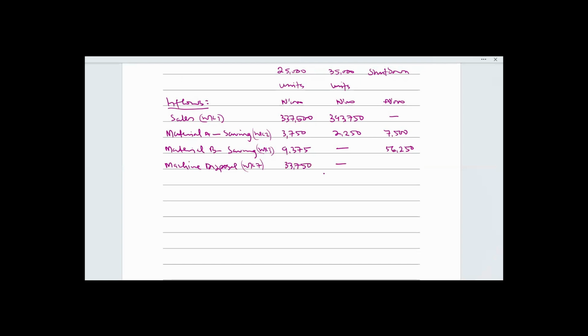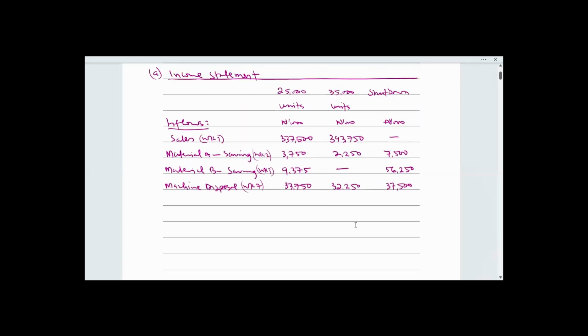Then 32,250. Thank you. 37,500. 37,500 for option 3. Okay, then. So let's move on. There is no other saving again. So at this point, I can find the total inflow. So let's find the total inflow.